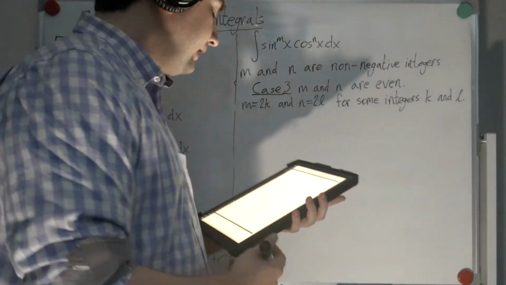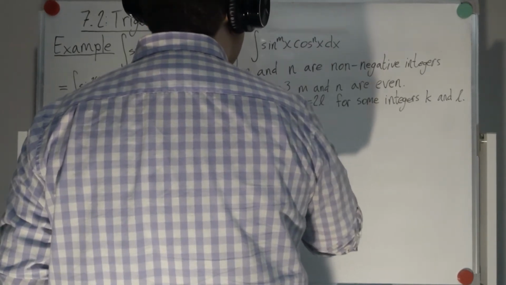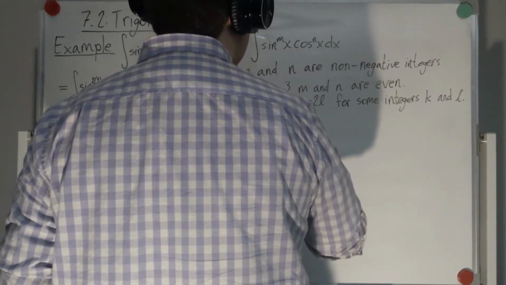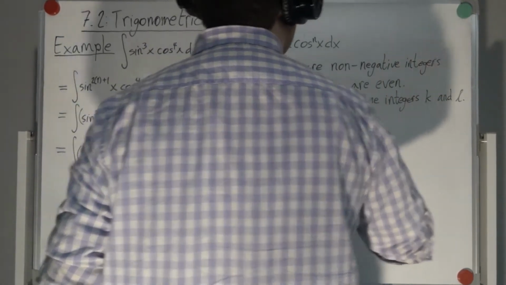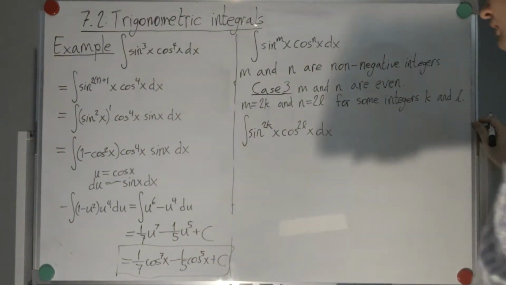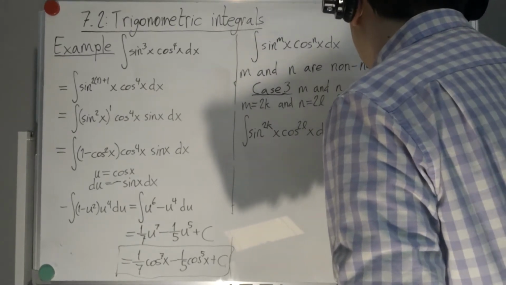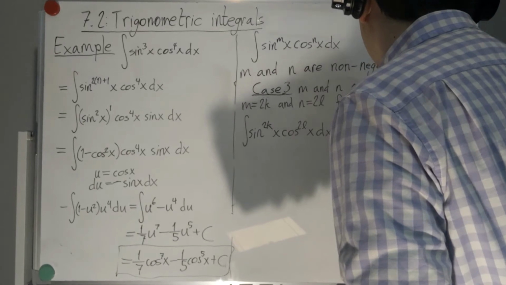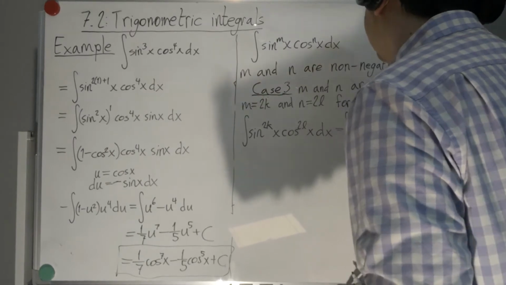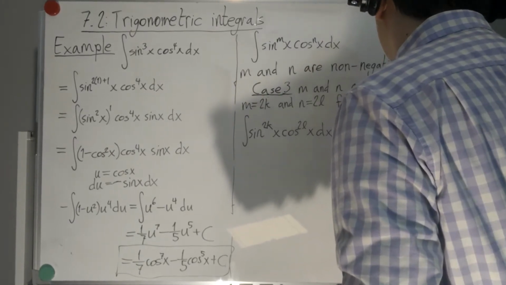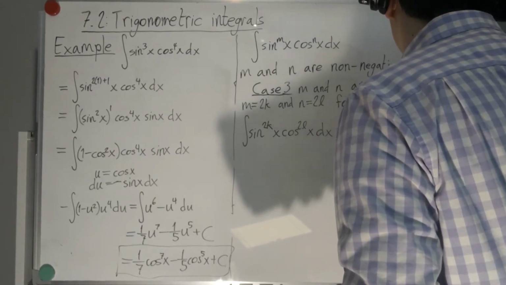Now then, if that's the case, then what we're dealing with is actually the integral of sine to the 2k x cosine to the 2l x dx. And so now that can be rewritten as integral of sine squared x raised to the k times cosine squared x raised to the l dx.